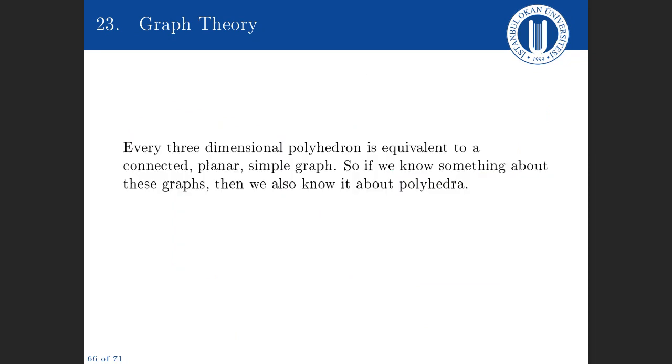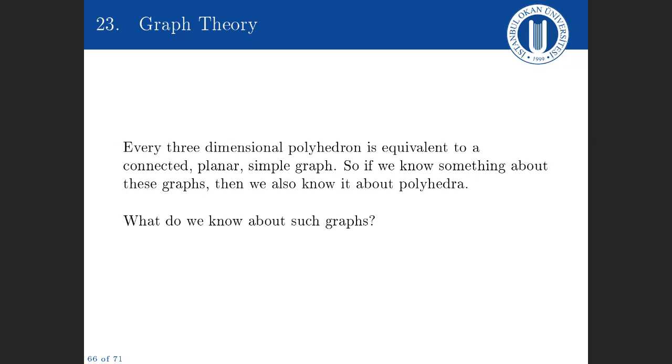The idea here is that every 3-dimensional polyhedron, which doesn't have any holes in, is equivalent to a connected planar simple graph. So if we know something about these graphs, then we also know that it's true about polyhedra.